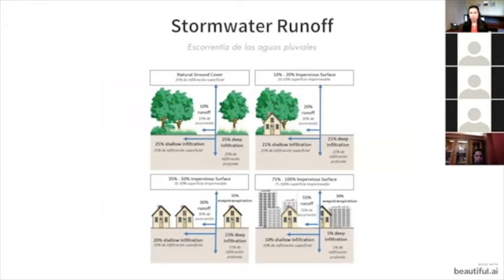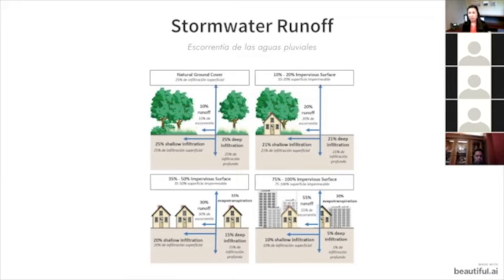When we have natural ground cover, you can see from these 4 different boxes the difference between natural ground cover and what happens when you have 75 to 100% impervious surface. I'll just touch on a couple of these briefly. With the top left, with your natural ground cover, you have 25% deep infiltration and 25% shallow infiltration.